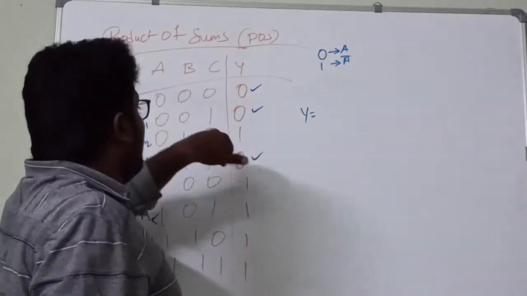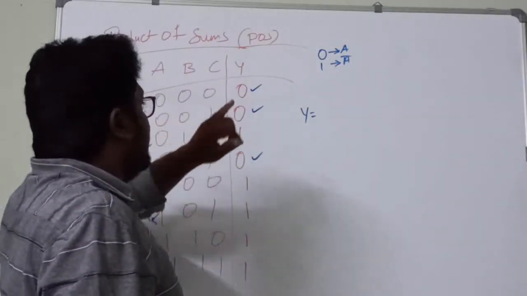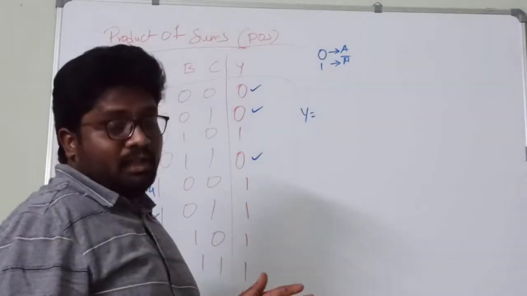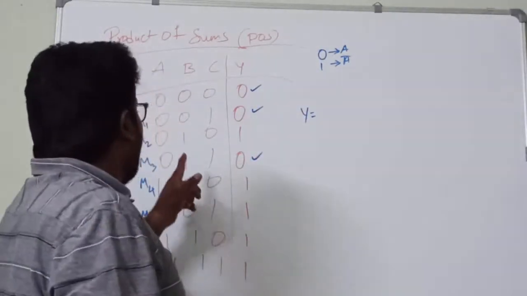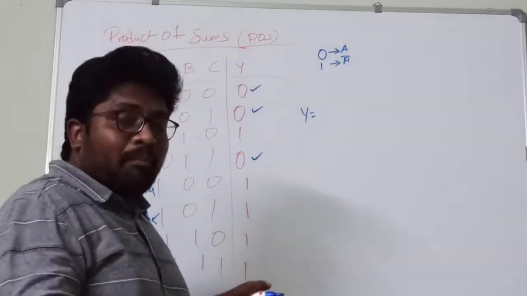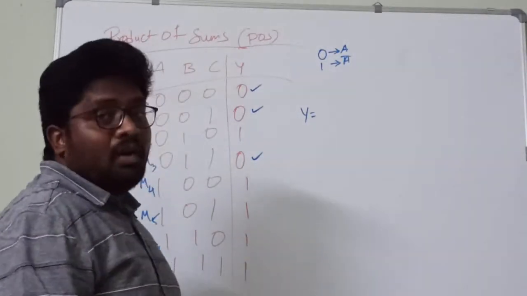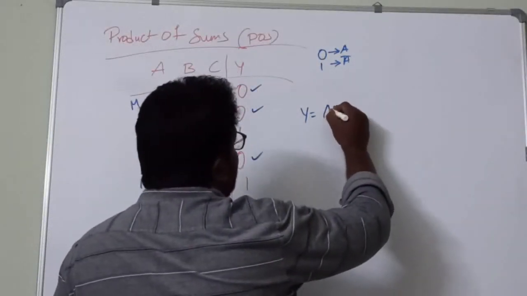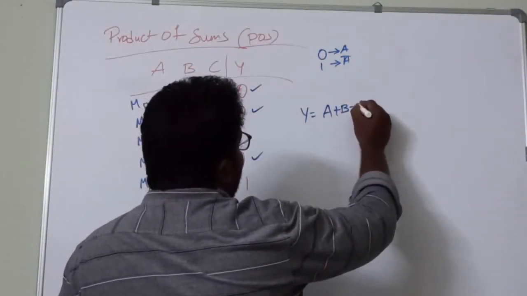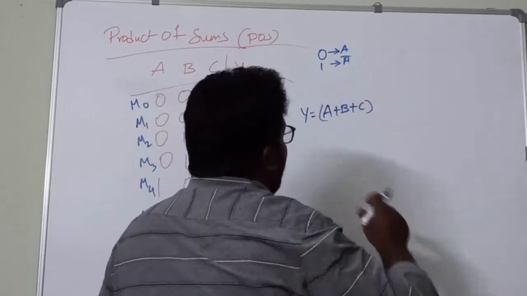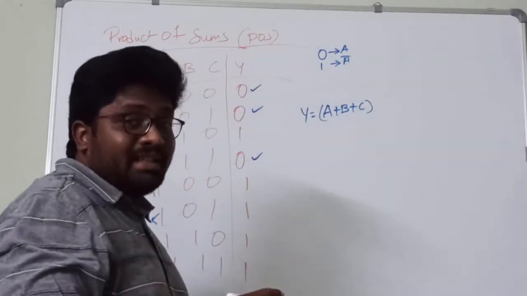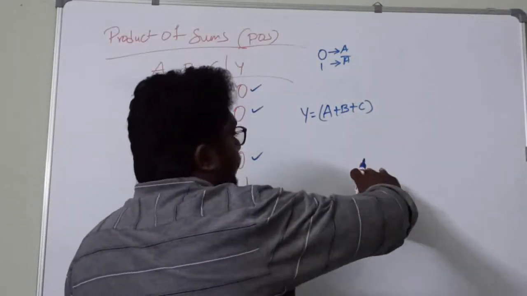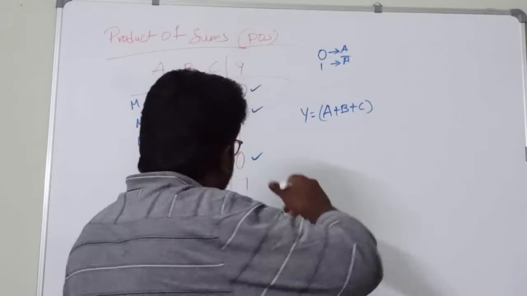When we are having zeros in the outputs, we represent the variable directly, for example A, and if you are having 1, we represent the variable with its complement, right? So now Y will become A plus B plus C. As the name indicates, this is the product of sums. Here we are having the sums and we are performing the product, right?